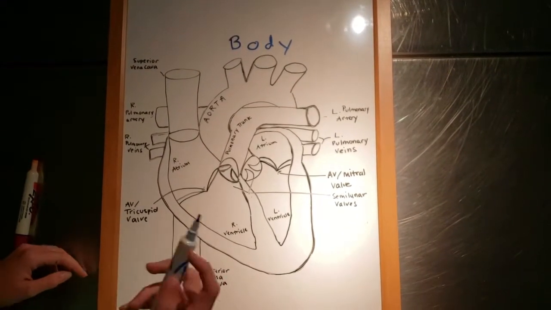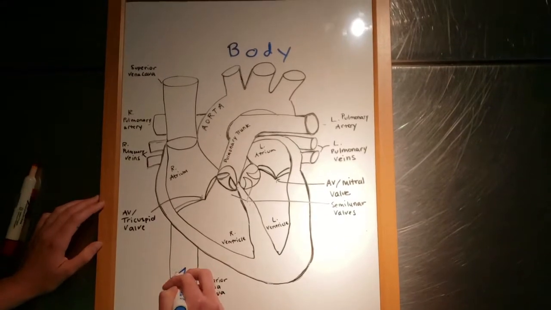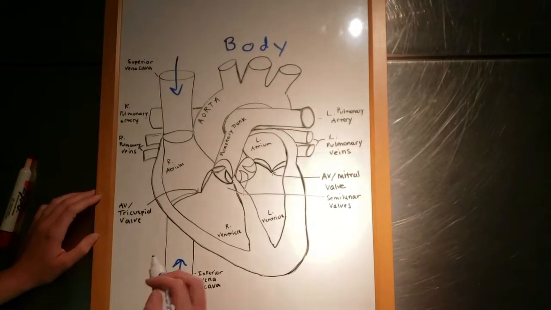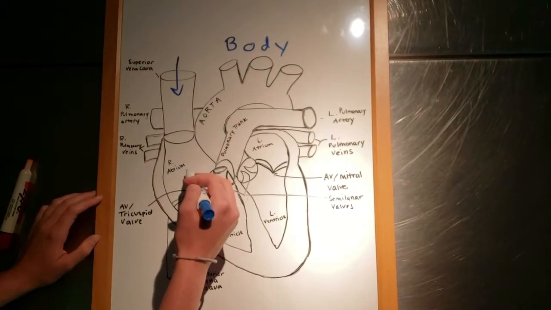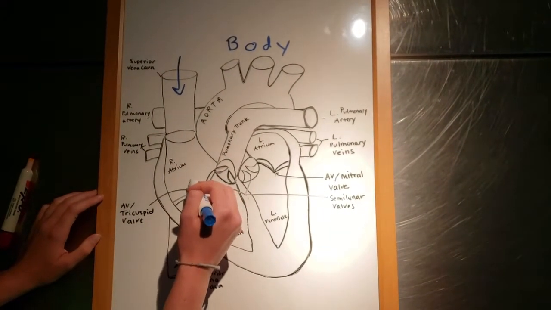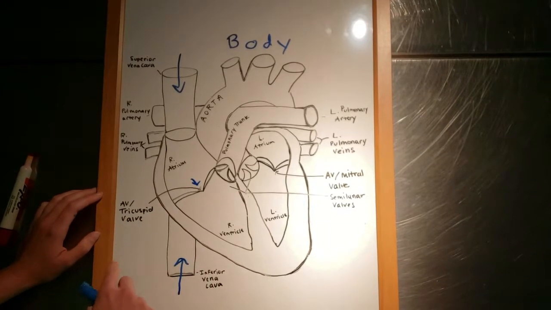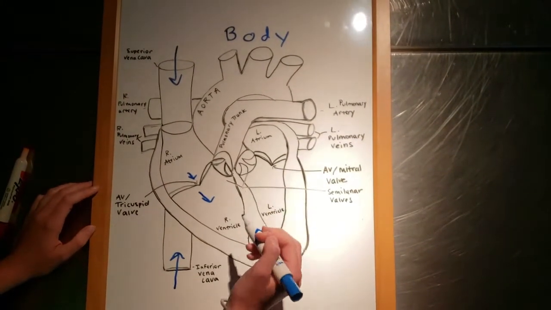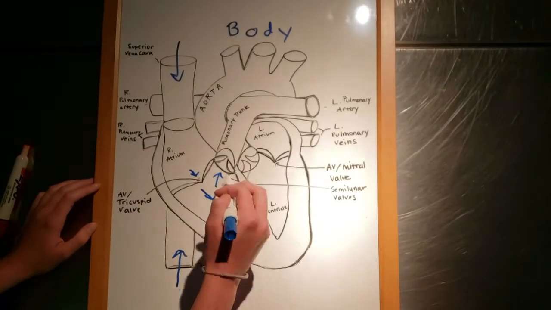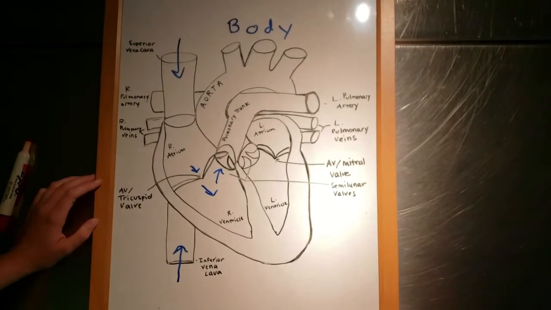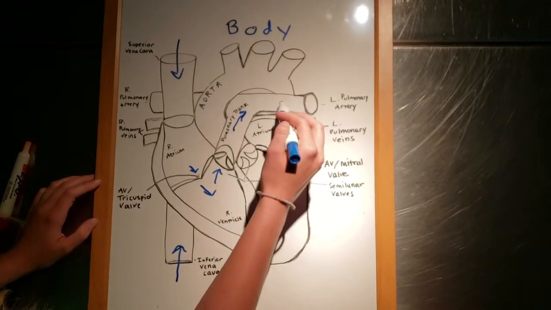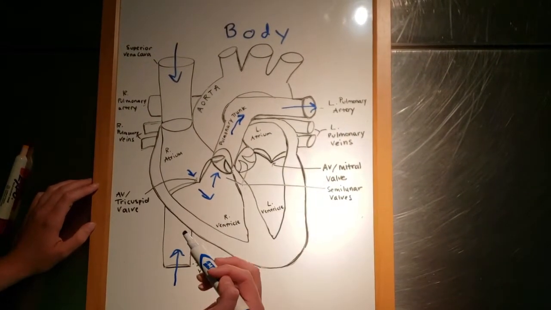Hello! So the next thing I'm going to do is walk you through the blood flow through the heart. Starting out, deoxygenated blood enters the superior and inferior vena cava. It will then go through the right atrium and across the tricuspid valve into the ventricle. After entering the right ventricle, it will go out through the pulmonary semilunar valve, through the pulmonary trunk, and then out the left pulmonary artery.